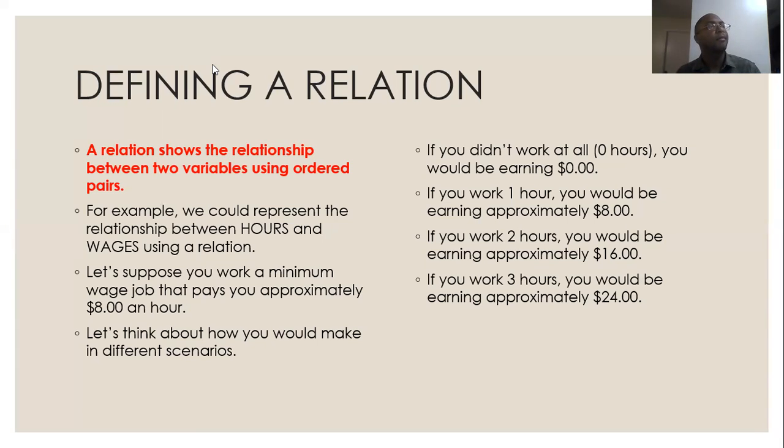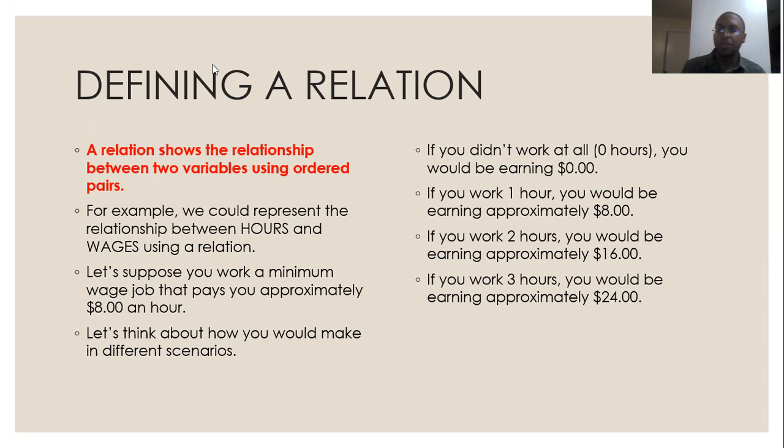I wake up in the morning and think to myself, okay, if I don't go to work at all, if I just skip work, how much money do I make? Well, that's really easy. I make $0. And if I work for an hour and then dip out, I make about $8, which is not a lot.